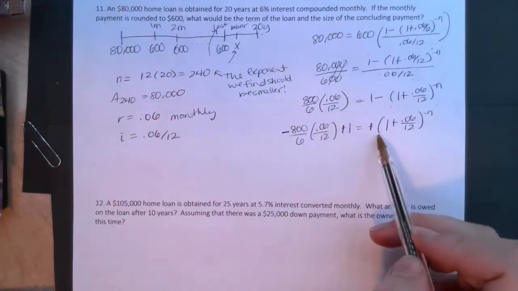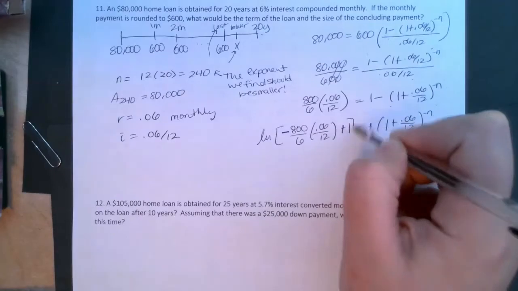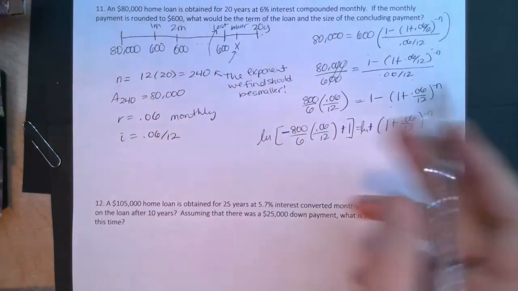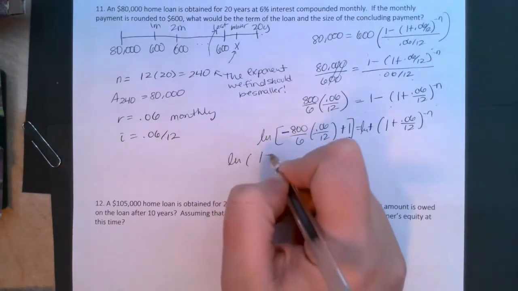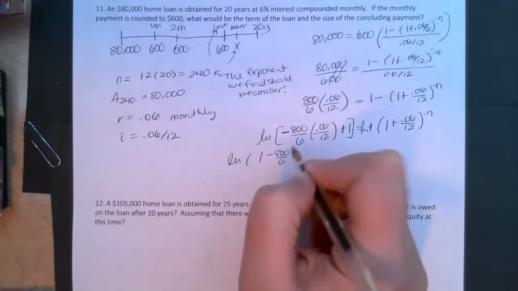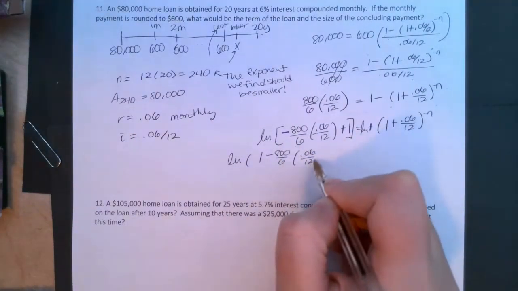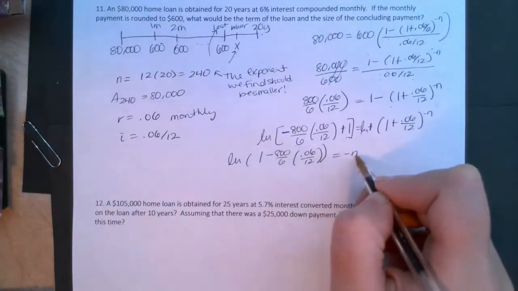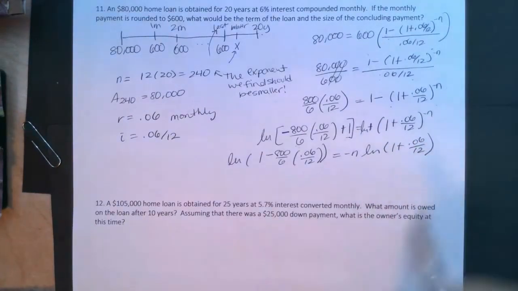Okay, and now we do the natural log. So we're going to do the natural log of this side and the natural log of this side. Natural log tells us we can pull the power down. So now we have the natural log of 1 minus 800 over 6 times 0.06 over 12, equals negative n times the natural log of 1 plus 0.06 over 12.